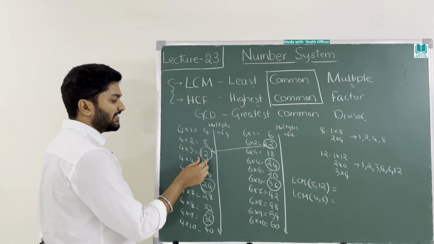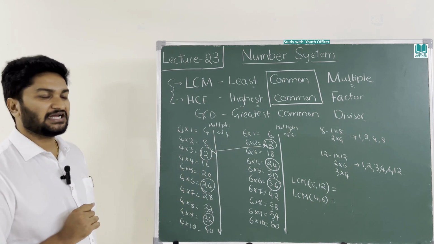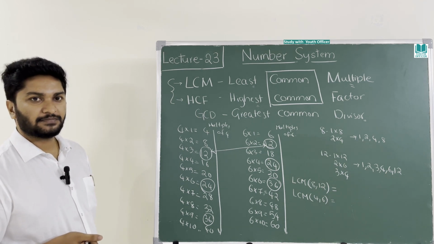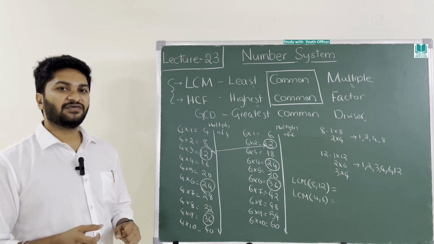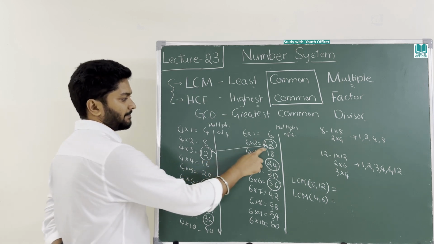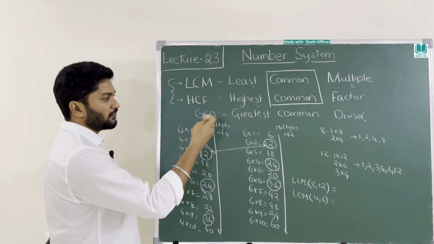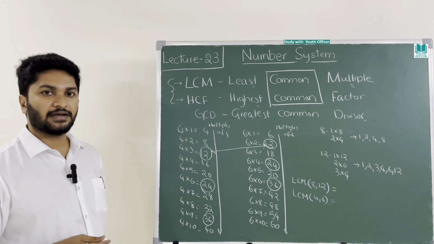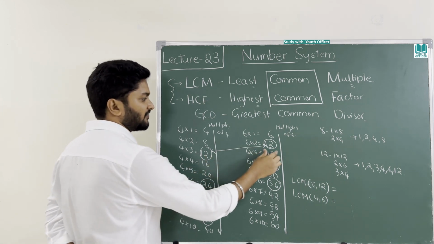That's why we will take the least one, because we can't say the highest common multiple. And if you take a bigger number, the calculation will be huge. It is easy to find the least one. If you take more numbers, then to find the common multiple is a very tedious process, but there are a couple of methods to calculate that. I will explain you later. Now you understood why we have to take a least one.